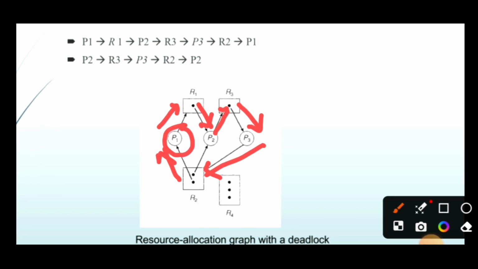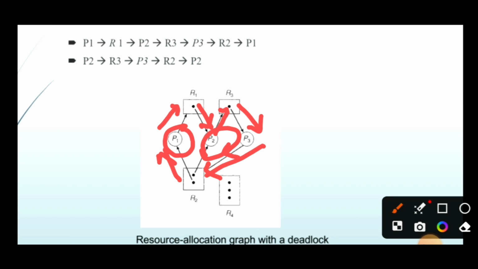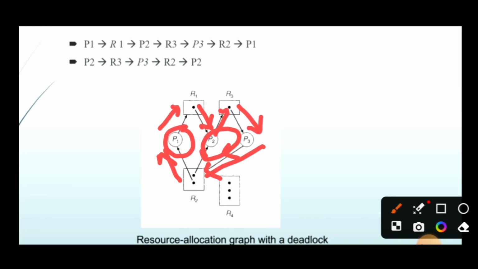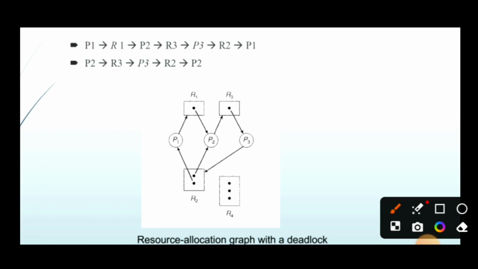Also, if we start from P2, the arrow goes to R3, R3 to P3, P3 to R2, and comes back to P2. So we started from P2 and ended at P2 again. Now we can say P1, P2 and P3 are deadlocked. How?